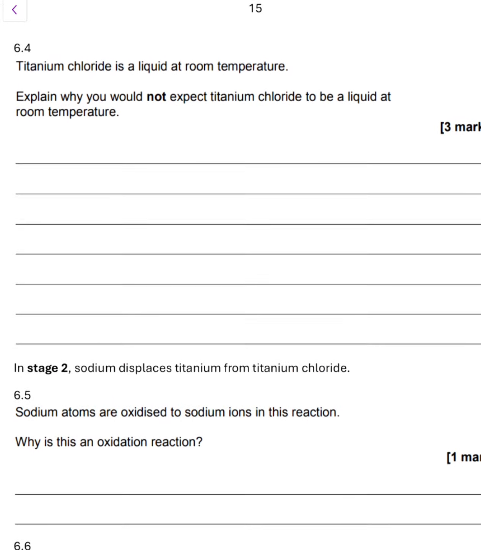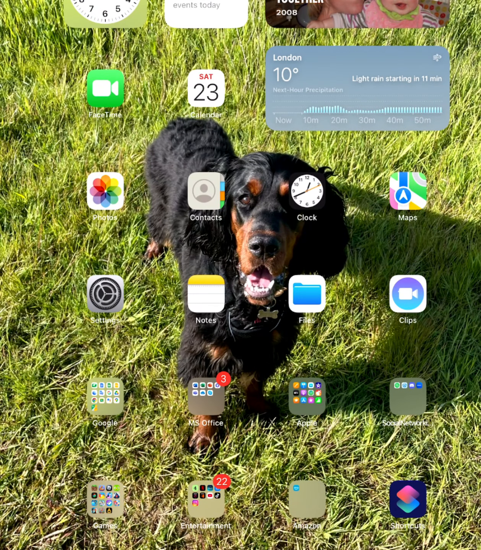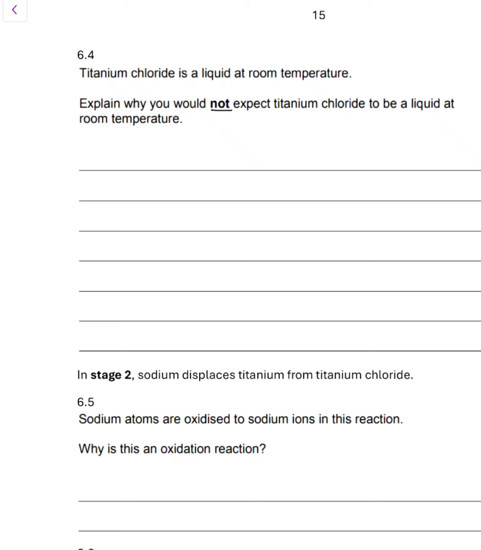Question 6.4, sodium chloride is a liquid at room temperature. Explain why you would not expect titanium chloride to be a liquid at room temperature. Explain why you would not expect. Okay, so looking at this, you would expect titanium chloride to be an ionic compound.